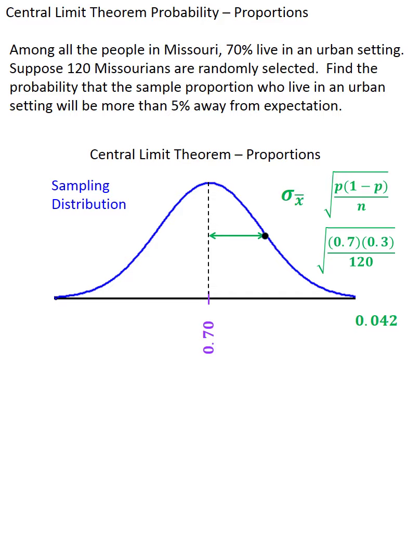Or in our case, that green arrow has a length of 0.042. That would mean that this point here is 4.2% higher than 70, in other words, 74.2%. But remember, I'm interested in where 75 is. Well, based on that black tick mark, 75 should be right about there, just to the right of that. By the same logic, 65% would be here.